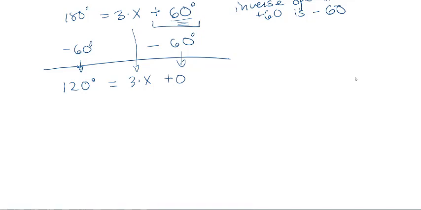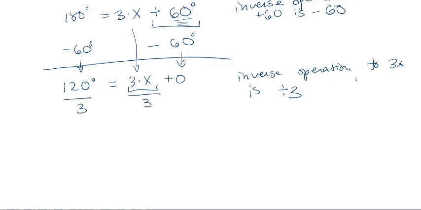Our last step will be to really isolate the variable completely by taking the inverse operation to 3 times, which is just divide by 3. So 3 times, the inverse operation is divide by 3. Let's use the fraction symbol. And we don't have to divide 0 by 3 because that'll stay 0.